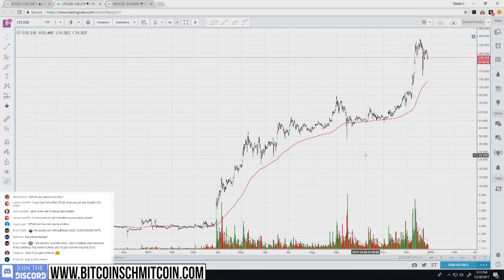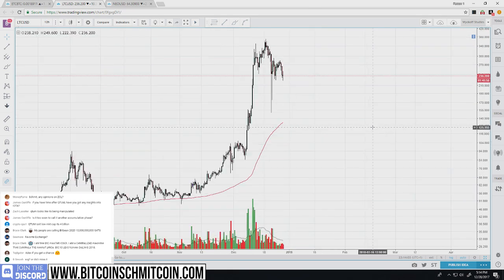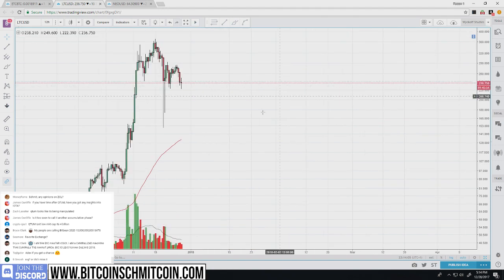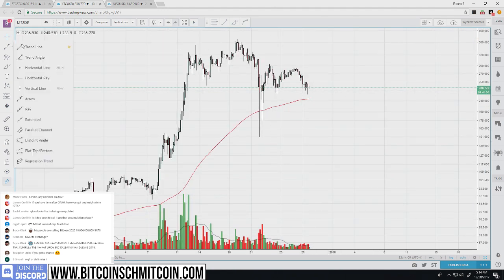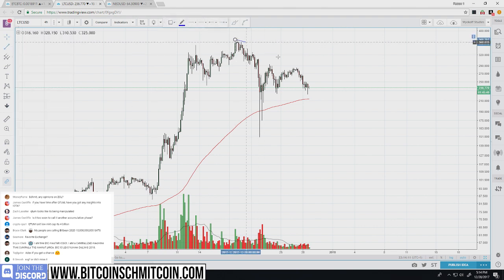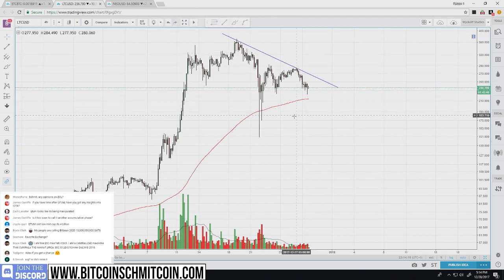So I have a feeling that whatever Bitcoin does, Litecoin's going to do the same thing. This is slightly concerning here. The fact that it's pushing new lows here.